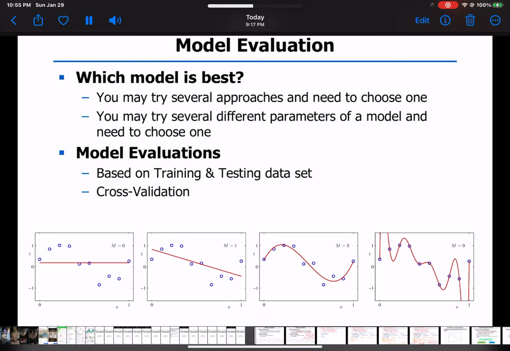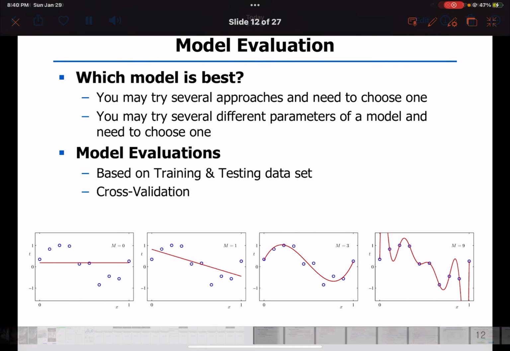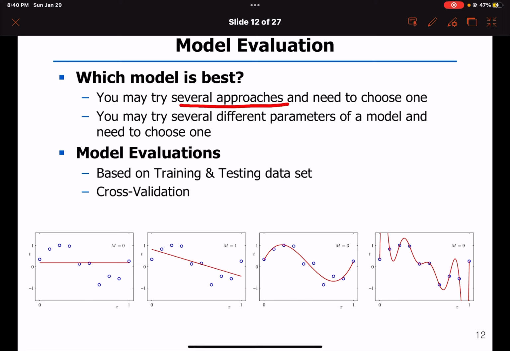So here we are going to discuss that there are several approaches to choosing a model. First we choose a model, and then based on that model, we select different parameters.